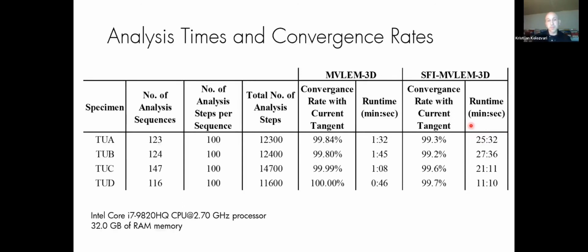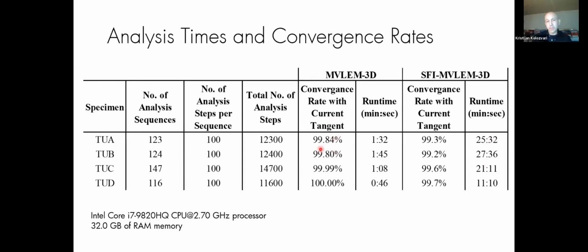So it's much more computationally demanding. So each of these specimens, this analysis that had about, say, 12,000 to 15,000 load steps, it took about 1 to 1.5 minutes with the MVLEM 3D. With the SFI model, which is much more complex, it took much, much longer, about 20 or 25 minutes.